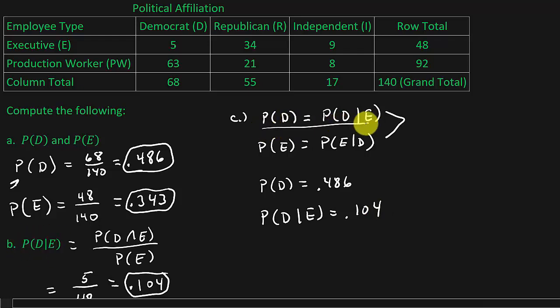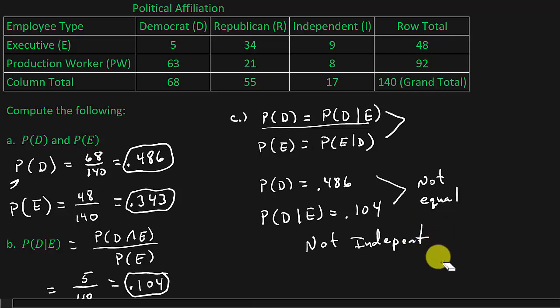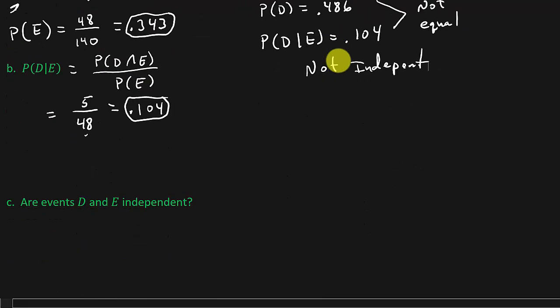You can see that those two are not equal. So that means they're not independent. They're not independent events. All right, so that answers C, not independent.